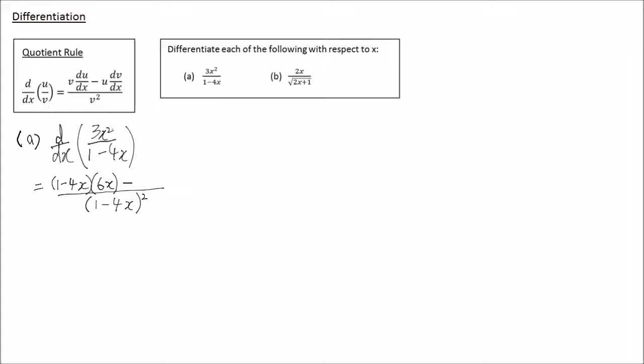Minus, now we copy the numerator, and we differentiate the denominator. When you differentiate the denominator, the 1 will disappear. Negative 4x when differentiated will give us negative 4.